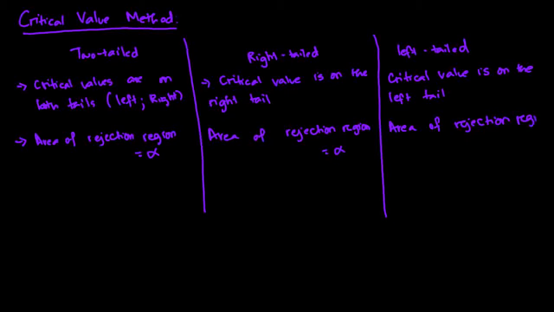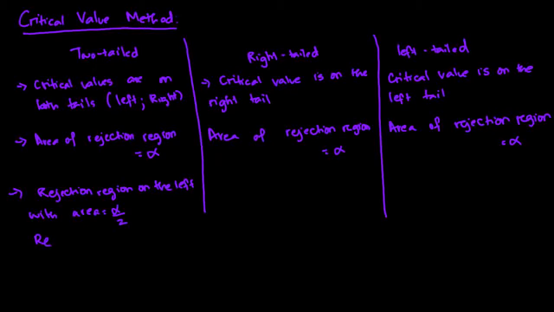So since I have two critical values, you have two rejection regions. So that is a rejection region on the left for a two-tailed test, but its area will be alpha over 2.